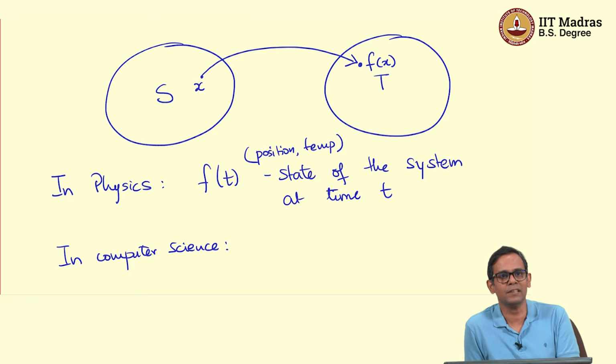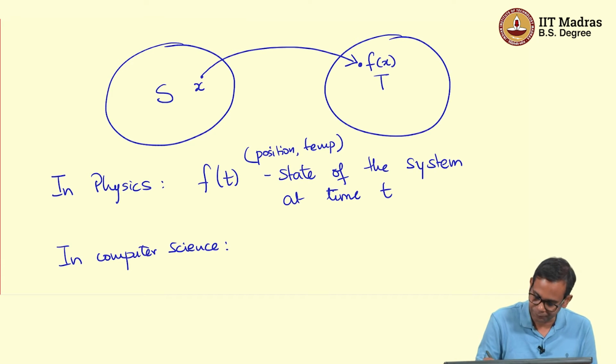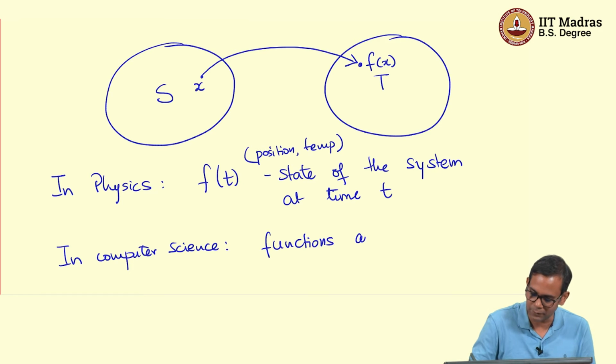So, in computer science the sets are data types, and the functions that I have defined here in terms of set theory are the same as the kind of functions that you define in a programming language. Here functions are defined by algorithms.